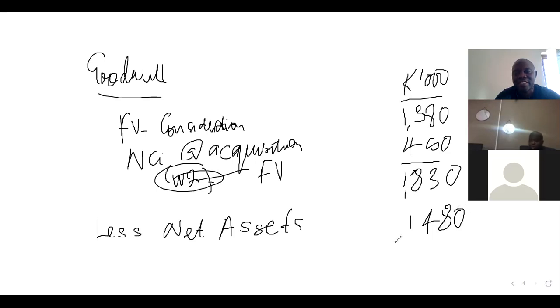Giving you how much as goodwill? 350. This is how you compute your goodwill, using this structured way of tackling a consolidated question.